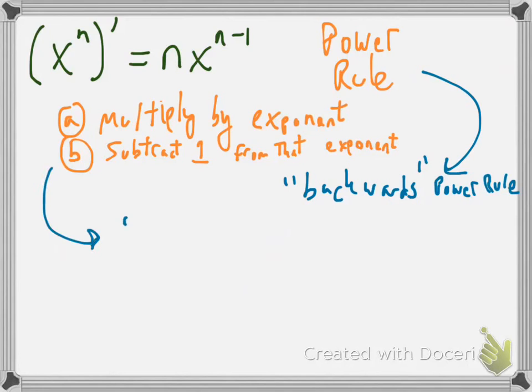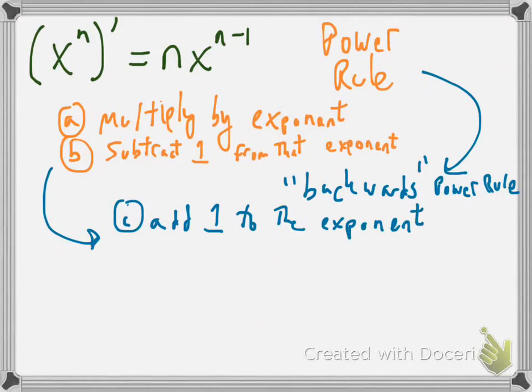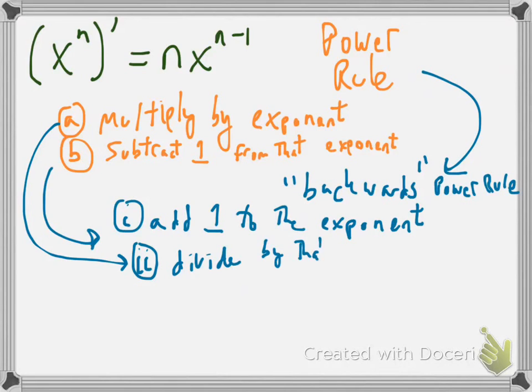So in order to undo what we just did, we have to undo the second thing first. So rather than just subtracting 1 from the exponent, we're going to add 1 back to the exponent. And then we have to undo the very first thing we did, so that'll be our second step now. And instead of multiplying by the exponent, we're going to divide by that exponent.